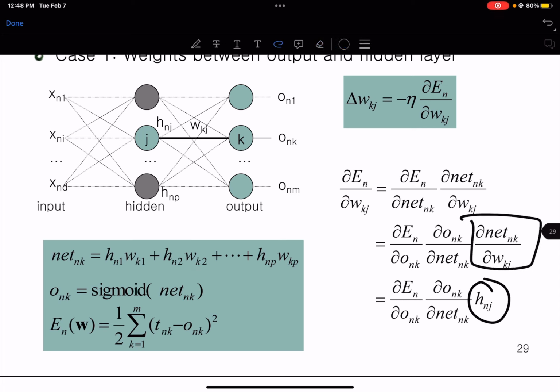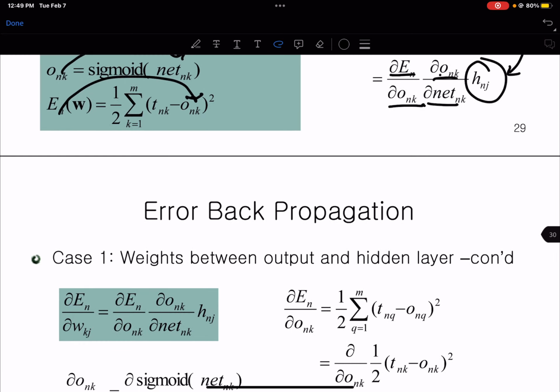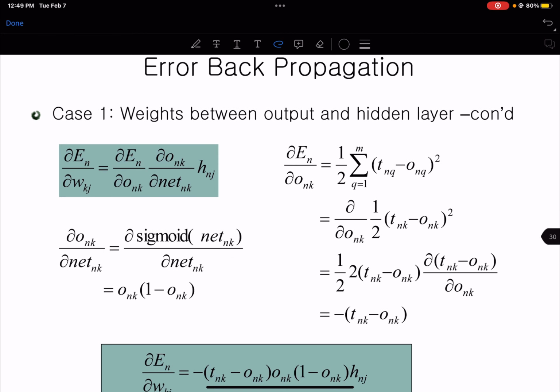This part is simply equal to your hidden node value, and then we have to estimate the partial with respect to your output, and your output with respect to the partial of onk, then from onk to net, and we have already found net with respect to w is equal to h, equivalent to your hidden node values.